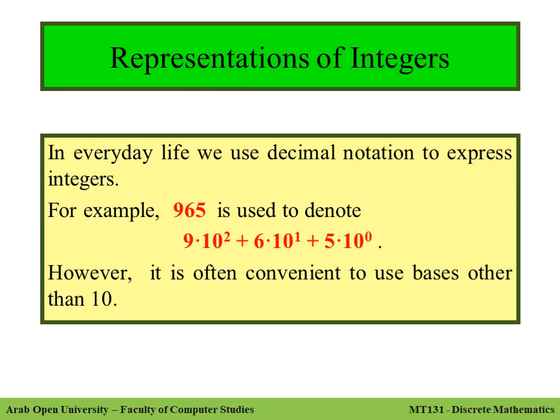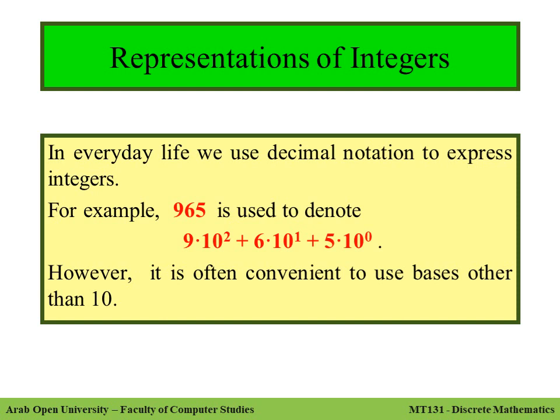Again, the system that we use the most in everyday life is the decimal notation. We use a number system based on the number 10. Here, for example, the number 965, the first digit 5, from the right to the left, 5 is multiplied by 10 to the power 0. Then the second number is the tens, but this is 6 times 10 to the 1.